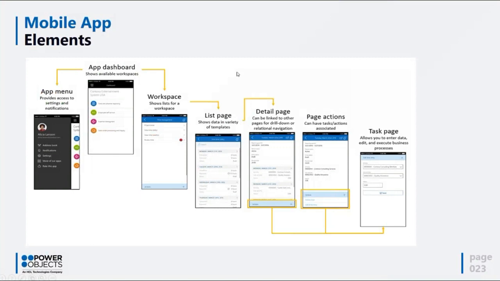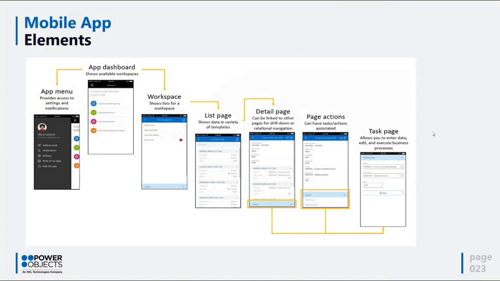So navigation in the mobile app consists of 4 concepts: dashboard, workspaces, pages, and actions. If you're on a page, you can perform a bunch of different actions. For example, view detailed data, or drill down to other pages for related data.